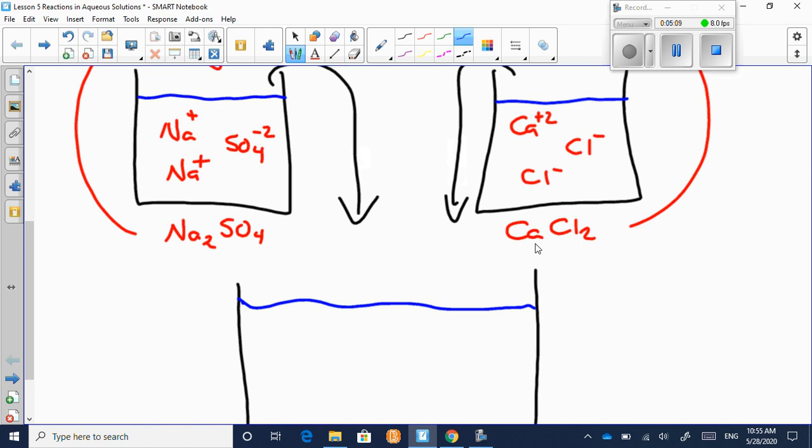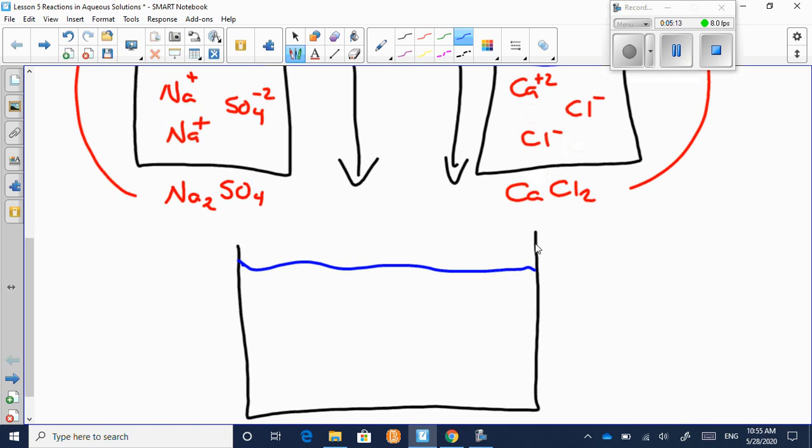The minute the two mix, I want you to picture that you've still got them all as ions. So you've still got the sodiums and the sulfates, and you've still got the calciums and the chlorides.